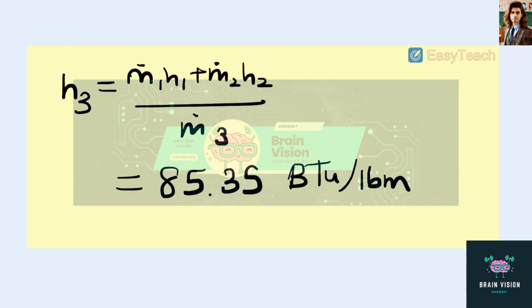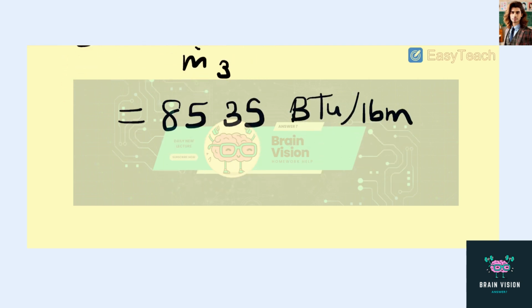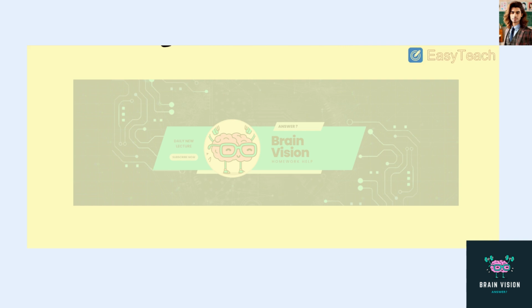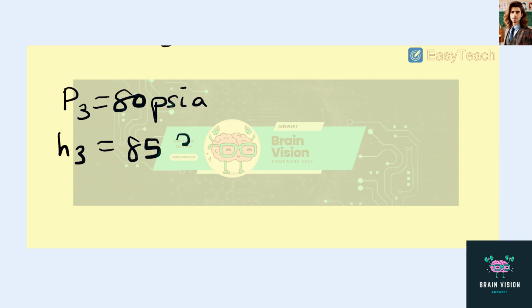BTU per pound mass. Now what we can do is define our exit state. Our exit state is going to be defined by the pressure and this enthalpy. So we can say that at state 3 at our exit, our pressure is equal to 80 psi, and our exit enthalpy is equal to 85.35 BTU per pound mass.